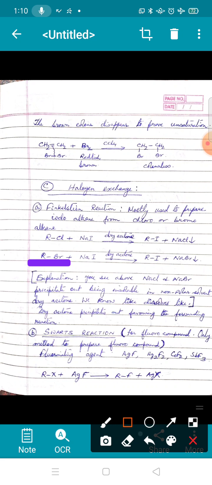Now, what is the importance of using dry acetone here? This question can be asked. You see, we know that organic reactions are very slow reactions, and after a certain period of time they attain equilibrium. That means no net forward or backward reaction takes place, or in other words, the rate of forward reaction becomes the same as the rate of backward reaction.